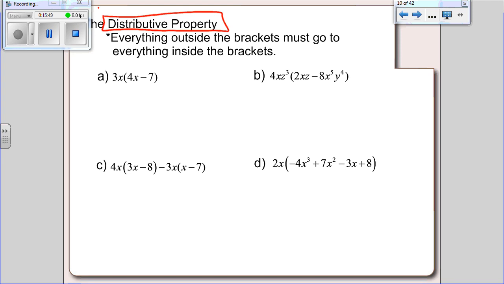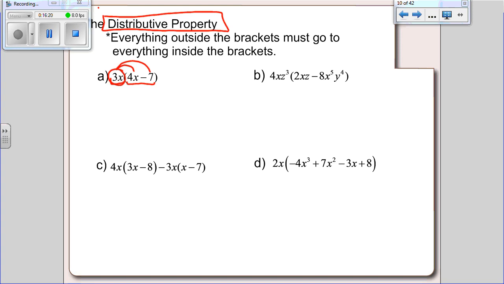So if you look at question A, I have a monomial, 3x, times a binomial, 4x minus 7. I can multiply those together by doing distribution, which means I take my monomial, 3x, and I multiply it to both terms. So I'm going to go 3x times 4x. And I'm going to think about what that x is.